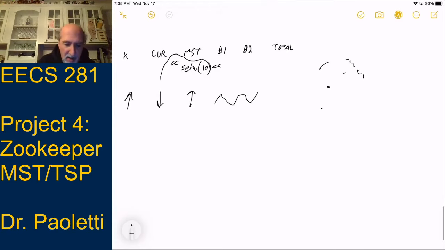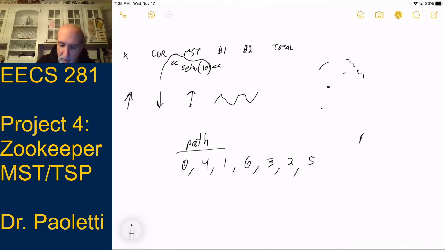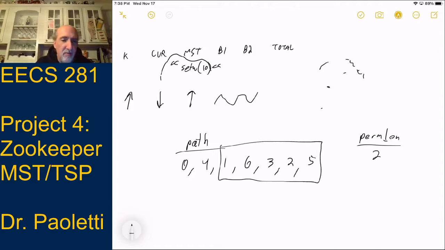Let's say my path, and let's use real numbers here, is 0, 4, 1, 6, 3, 2, 5. And my perm length is, let's say, 2. You have to calculate the MST of those 5 vertices.